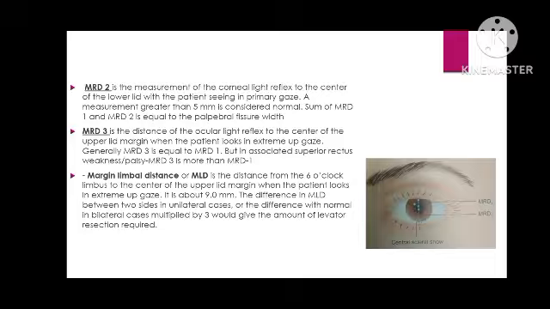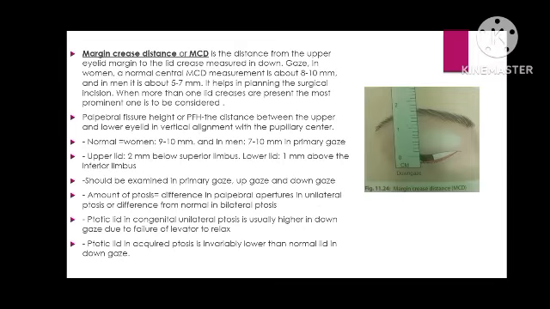Generally MRD3 is equal to MRD1, but with associated superior rectus weakness or paralysis, MRD3 is more than MRD1. If any weakness or paralysis is present, MRD3 is more than MRD1. In a normal case, MRD1 and MRD3 are equal.